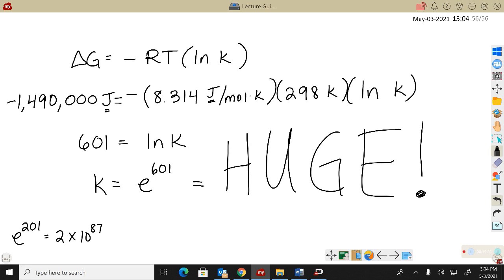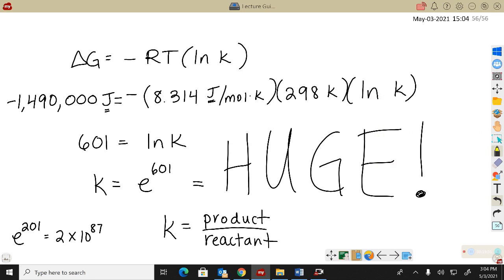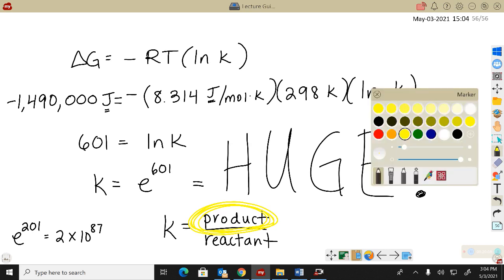Now again, this is an equilibrium constant, so K is a ratio of product over reactant. And so in this case, when K is ginormous, we don't even get a value because it's so huge, it must mean that we are favoring the forward reaction big time. We are favoring the products big time.